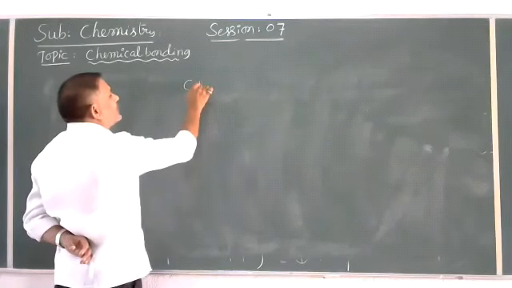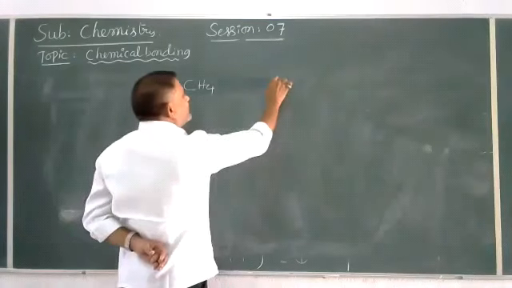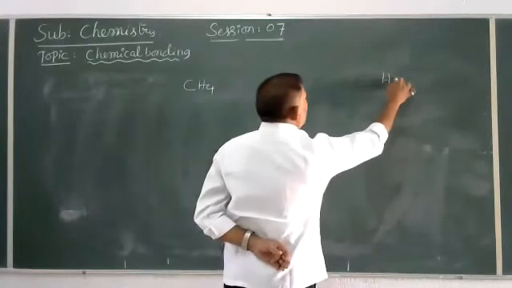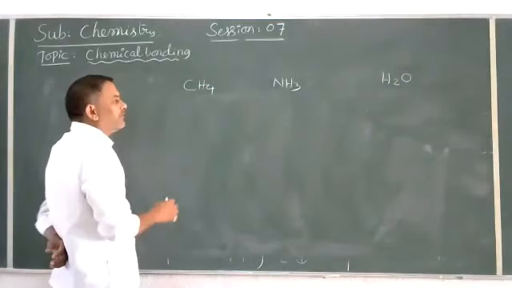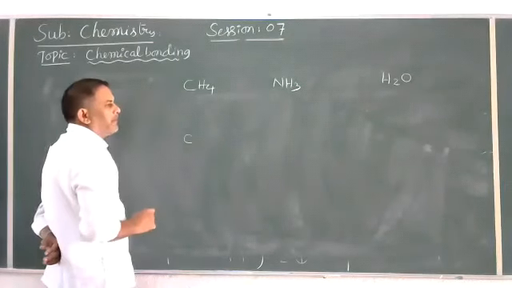I'll take the CH4 molecule, the NH3 molecule and also the water molecule. On the basis of VB theory, the central atom of CH4 is carbon.